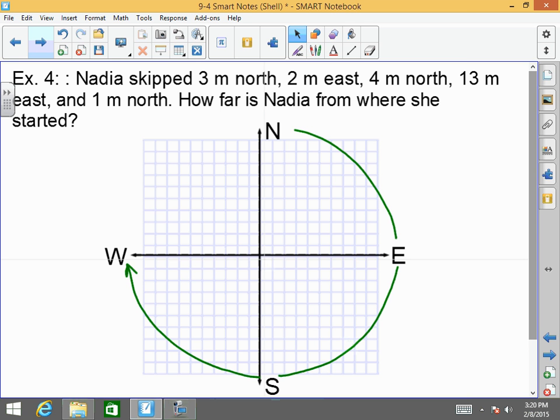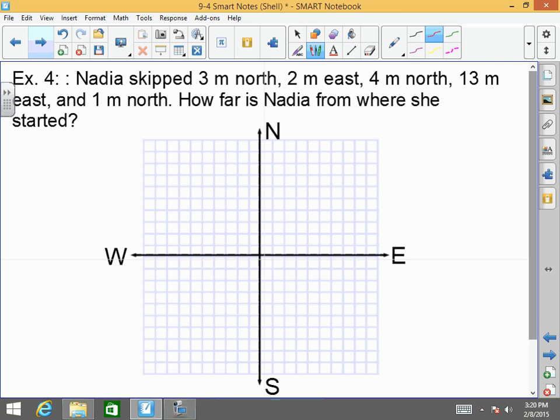So that's a nice way to remember north, east, south, and west. Now I'm going to disregard the actual units of this grid, and I'm going to write my own distances here, but I'm just going to use the grid so we can use the north, east, south, and west as a nice little reference. Let's just say that Nadia's starting over here, okay?